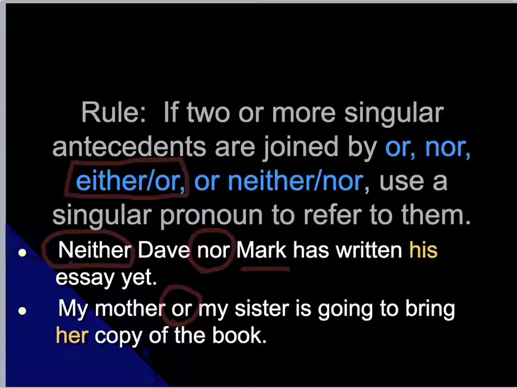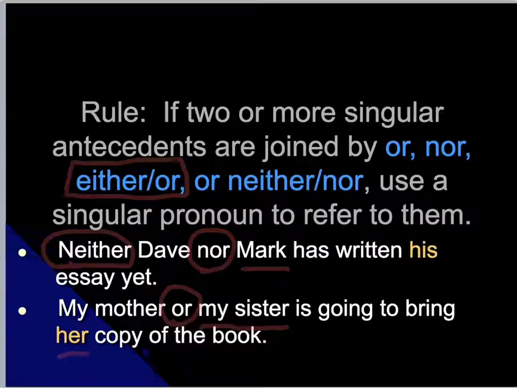We can see this in action also in the second sentence, where even though the combination of antecedents identifies my mother or my sister to bring her copy of the book, that is in agreement because we're going to be looking at the antecedent that is closest to the pronoun.